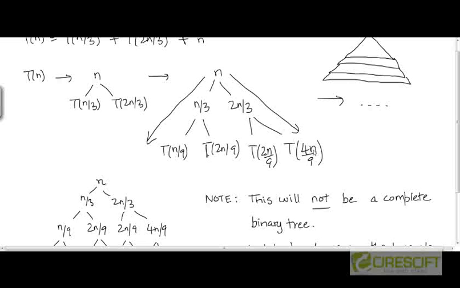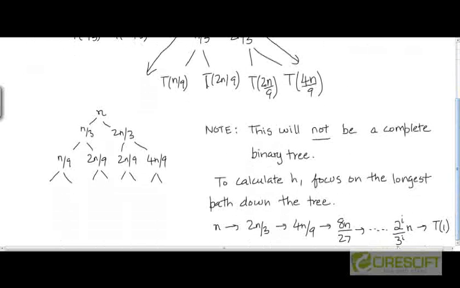When we created the second level, the size of the subproblem was 2 squared divided by 3 squared times n. And so one can generalize this pattern to say that when the ith level was created, the size of the subproblem for the rightmost node would have been 2 to the power i divided by 3 to the power i times n.